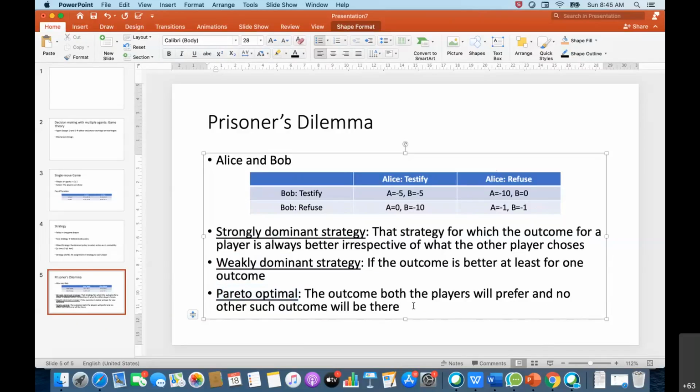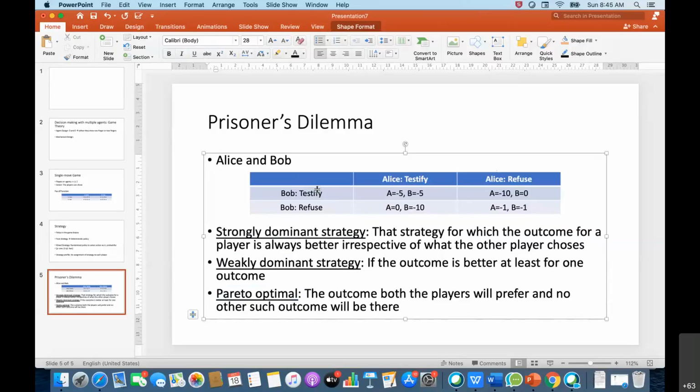Then comes, for this game you can say that for Alice the dominant strategy is testify. For Bob also the dominant strategy is testify.